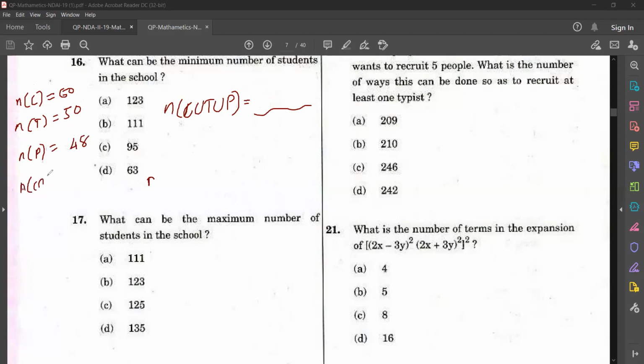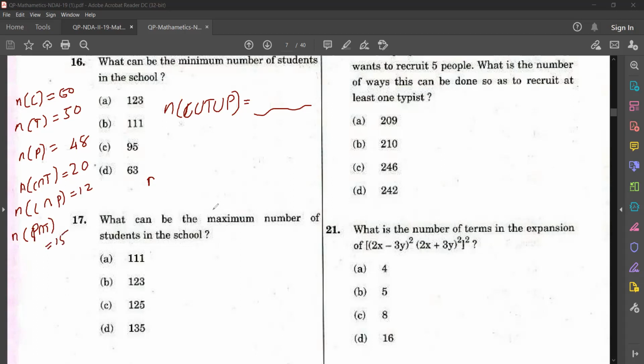Then chess and table tennis is 12, chess and carom 20, carom and table tennis 15.